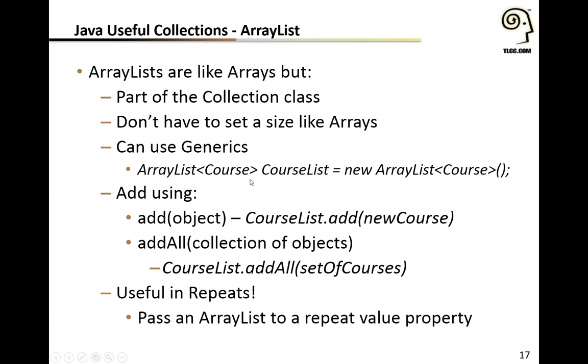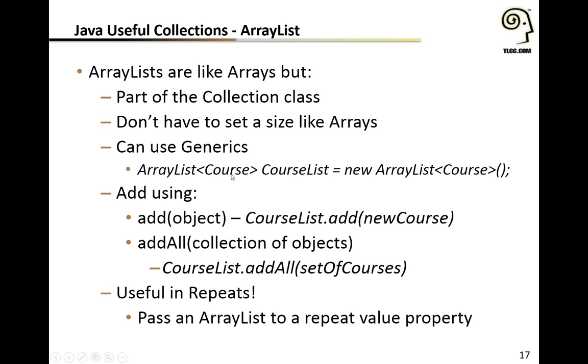It can't hold anything else, and if we try to give it something else, we'll get an error when we go to save it and compile our code. So these generics are really great for programming because, like in an array, you could stick anything into the array, which later on could cause you problems. This way, we're always going to know that our course list is holding course objects.